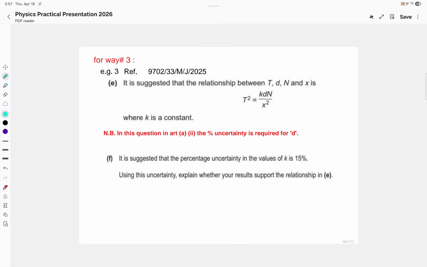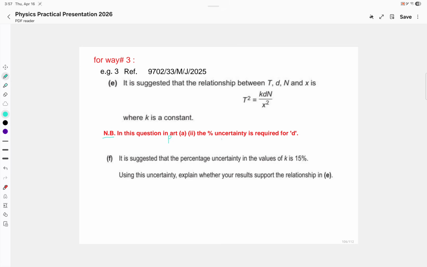It's an exam style, a recent exam question, May June 2025, last year's question, paper 23. It is suggested that the relationship between t, d, n and x is like this, where k is a constant. And I have mentioned NB in this question, it is part A and 2.